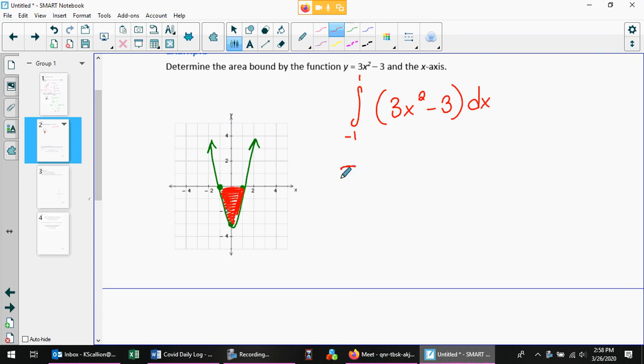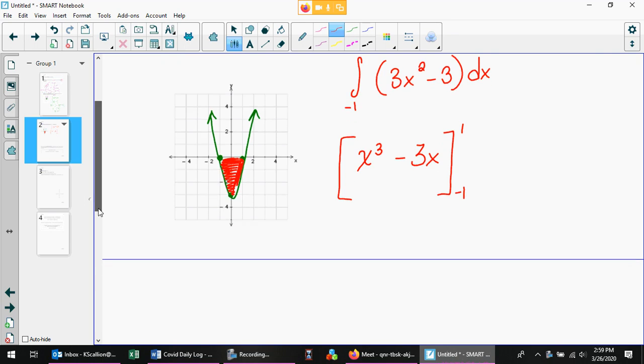So anti-derive that, I'm going to have x cubed minus 3x. Now I skipped a step, and I'm hoping you guys are okay with that, because it would have had a coefficient of 3 and a denominator of 3, so those just cancel each other out. So I just didn't put that in there.